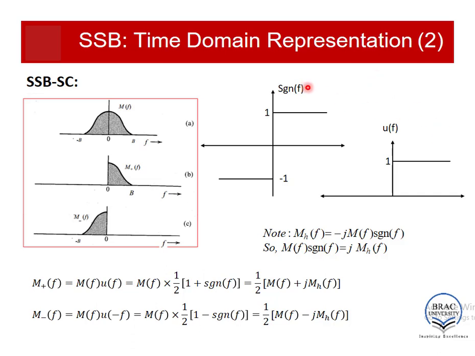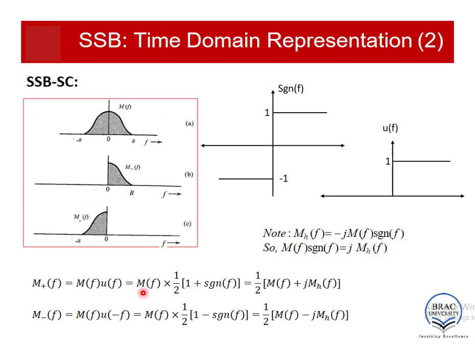What do we need to do to get U(f) from that signal? Simple, you just divide it by 2. Then 0 divided by 2 will be 0, and 2 divided by 2 will be 1, and so we achieve U(f). That means U(f) is actually half of 1 plus sgn f. So M(f) stays M(f), and U(f) is replaced by half of 1 plus sgn f.